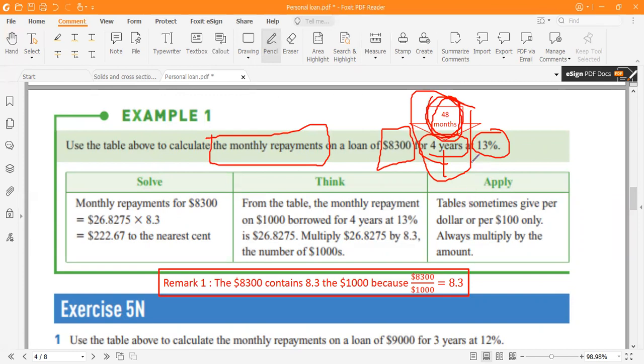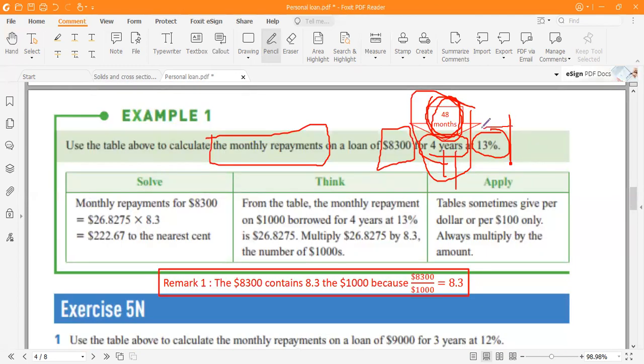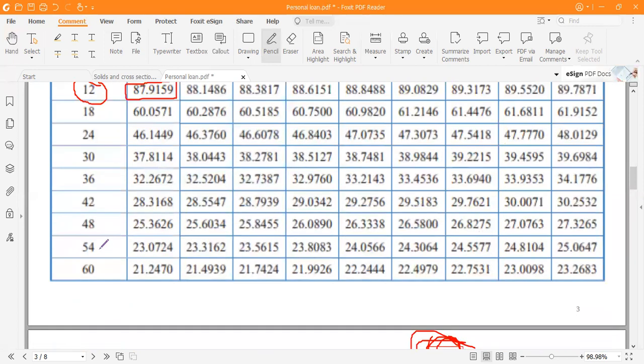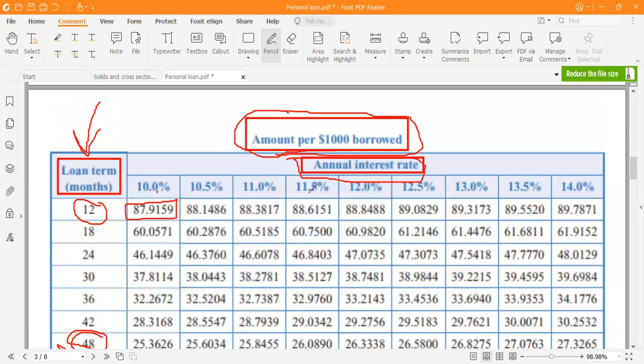To use the table, we need the loan term and the interest rate. The annual interest rate is 13%. So we need 13% and 48. We search for 48 on the rows, so we need this row, and 13% on the columns, so we need this column.